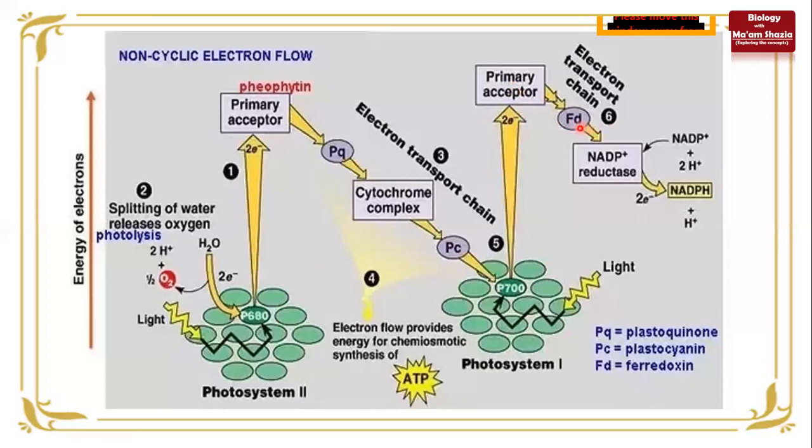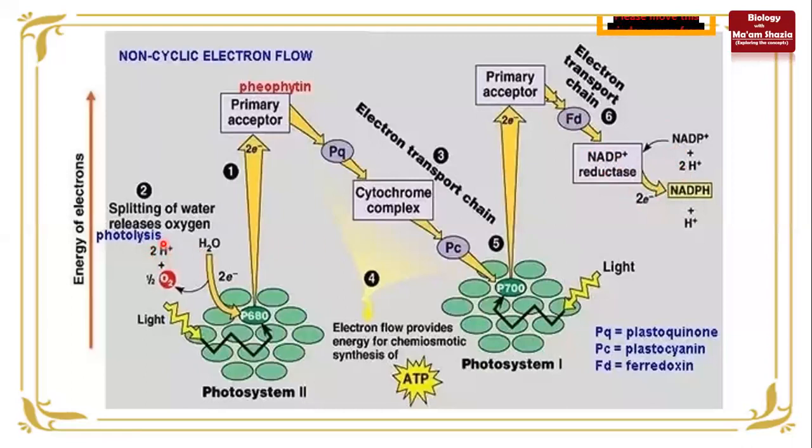Then ferredoxin is going to be oxidized by an enzyme called NADP reductase. NADP reductase takes the electrons from ferredoxin, and NADP positive is present in the cell. So NADP and electrons are both collected by the NADP reductase, along with two hydrogen ions. From where do we get these two hydrogen ions? We get them from the photolysis.